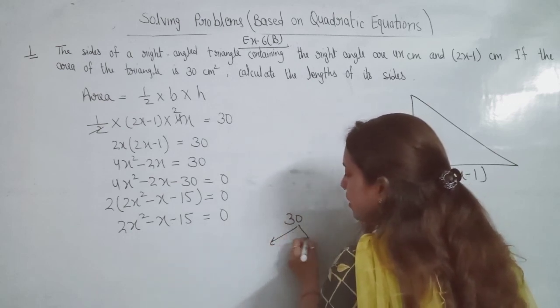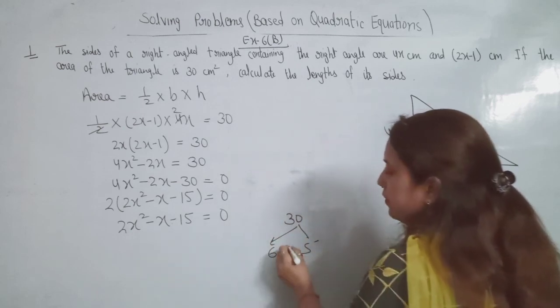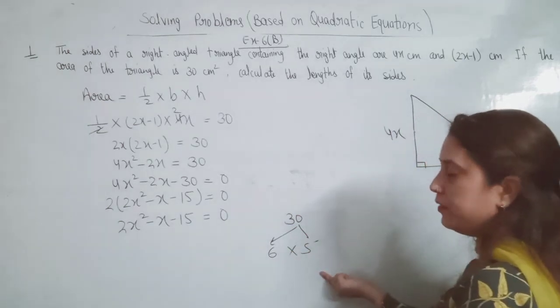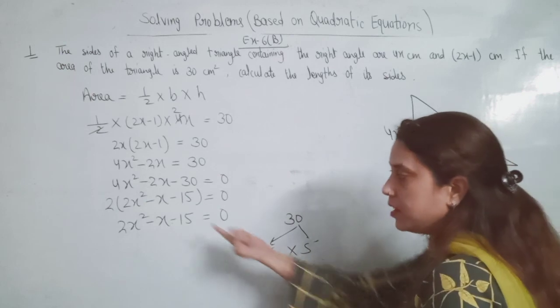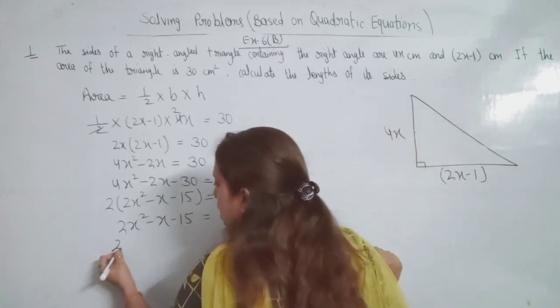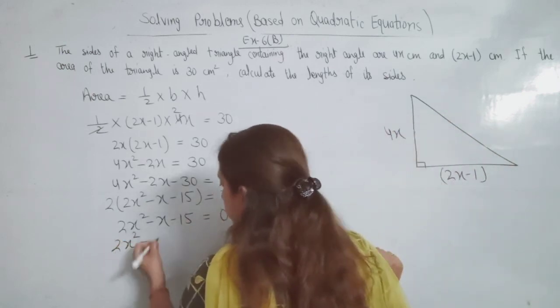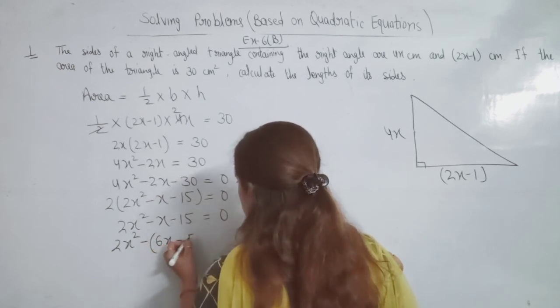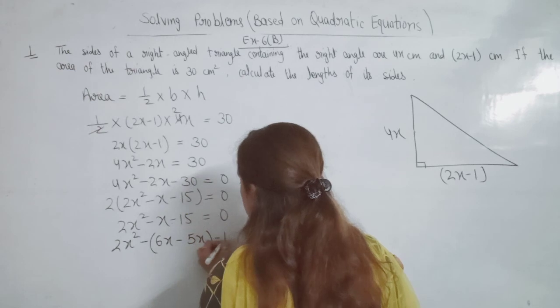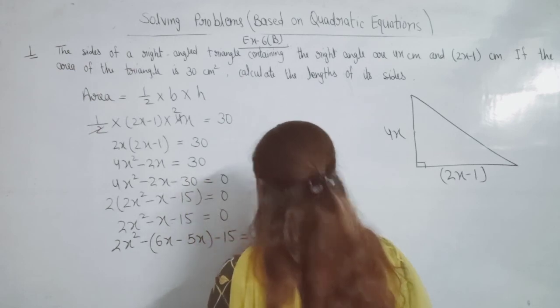So the factors are 6 and 5. When we multiply 6 into 5, 30, and when we subtract 6 minus 5, it comes 1. So we will split x as 6x minus 5x: 2x² minus 6x plus 5x minus 15 is equal to 0.